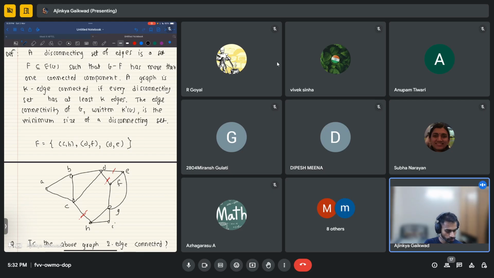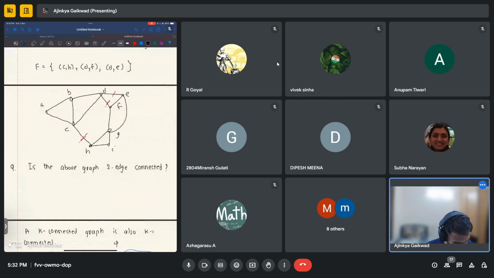A graph is k edge connected if you remove any k minus 1 or fewer edges, the graph remains connected. So this graph is 2 edge connected if we remove any 2 minus 1 edges, the graph remains connected.